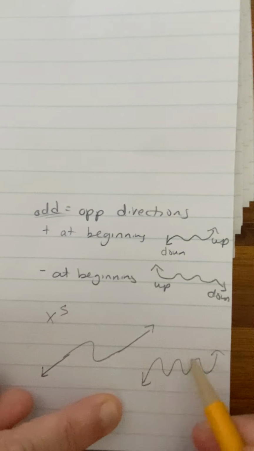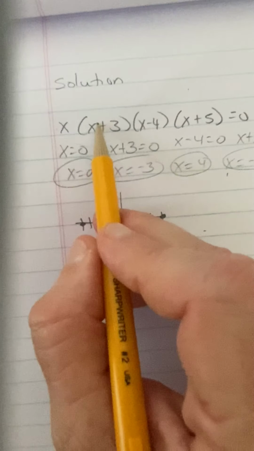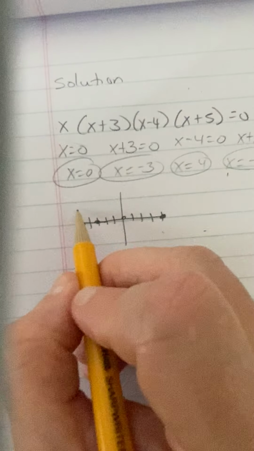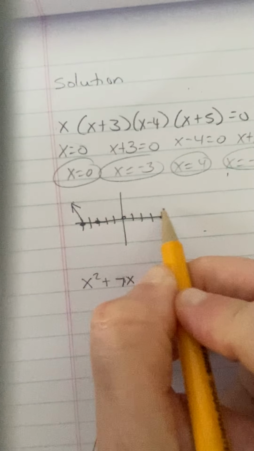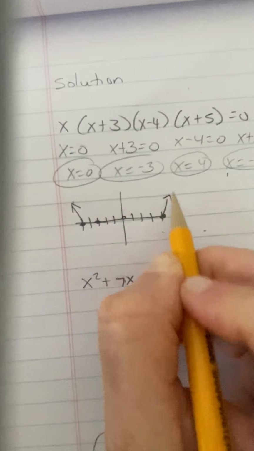So for your sketch, you would say it's going through 0, -3, -5, 1, 2, 3, 4. You know that this is positive, so they're both pointing up. And then you kind of just got to work this out. So there you go, something like that.